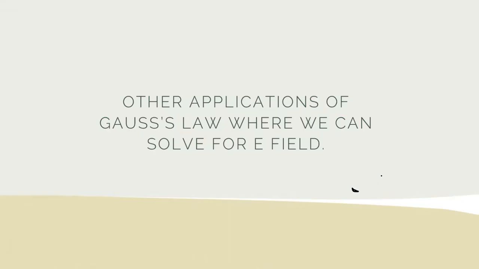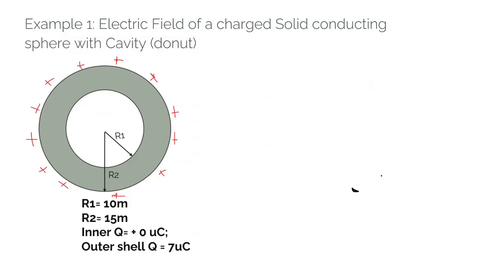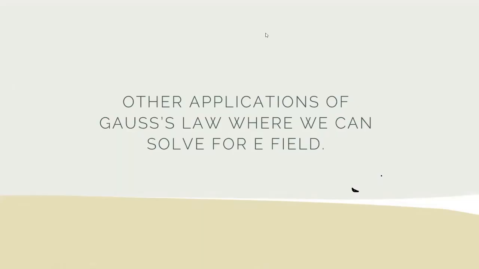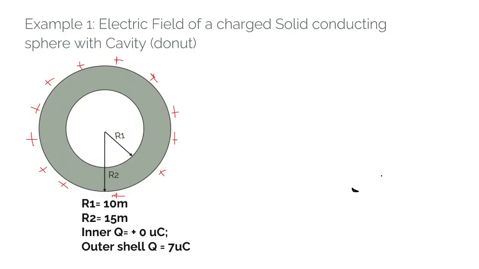And each tiny flux patch could have a different E value or a different theta, which means that E would be complicated to pull out from that total value of flux. But when everything is constant, then you can factor out E and get information about the electric field, right? We're going to solve applications now using Gauss's law, where we can actually solve for the E field.